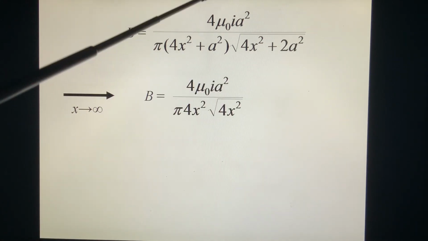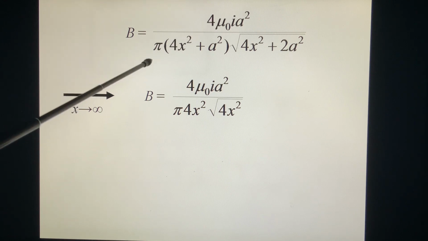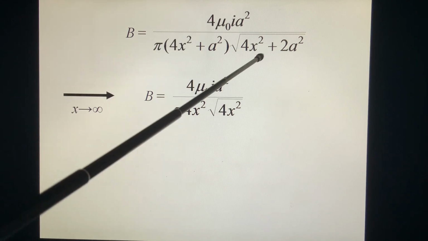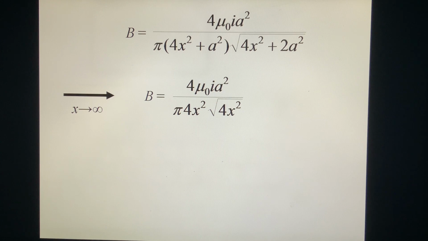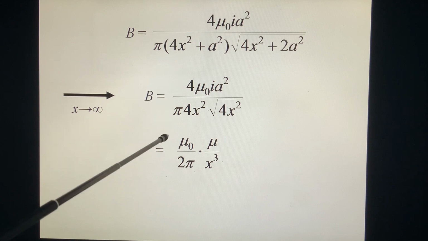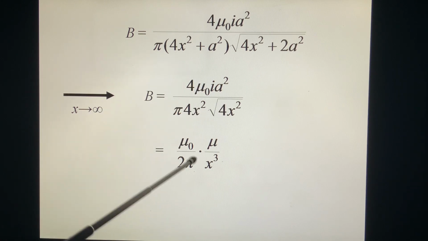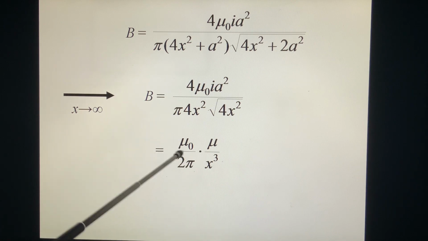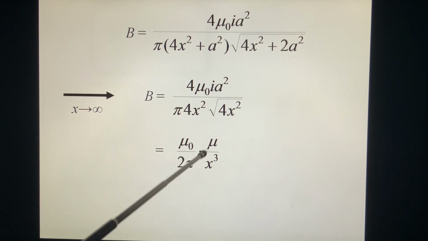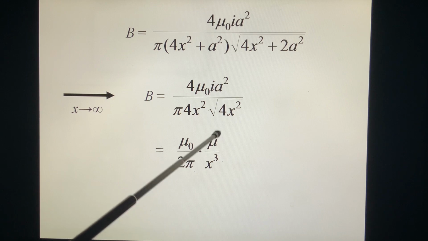And we get this as 4 mu I a squared pi 4x squared and square root 4x squared, okay? And we multiply, we find this is equal to mu 0, 4 and 4 cancel out. This is equal to 2 pi, okay, mu 0, mu over x cubic. What is mu?